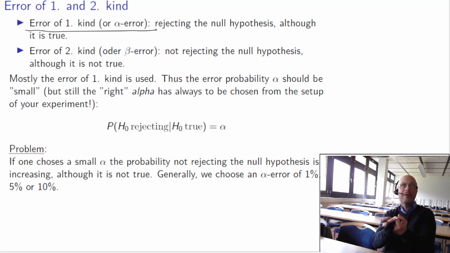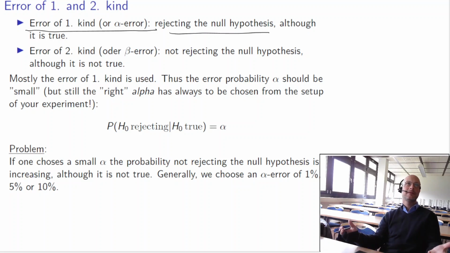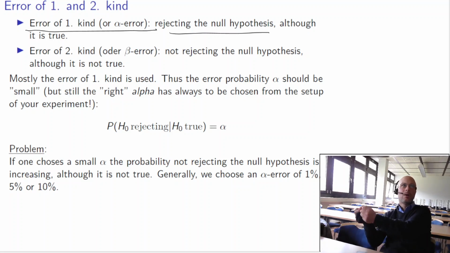Then it can be possible that from the information we took out of our random sample, we reject our null hypothesis, but our null hypothesis is still true.